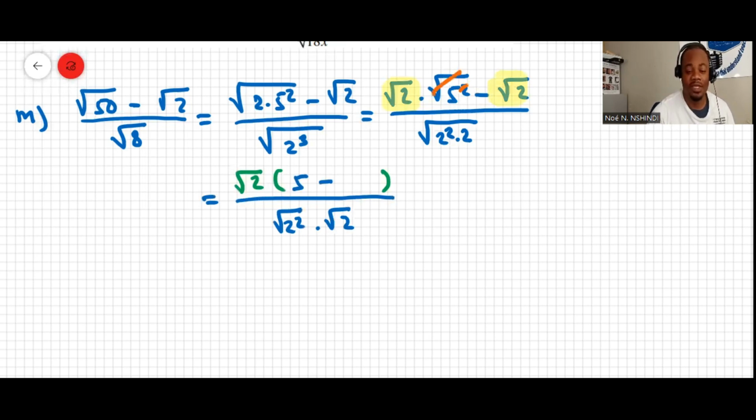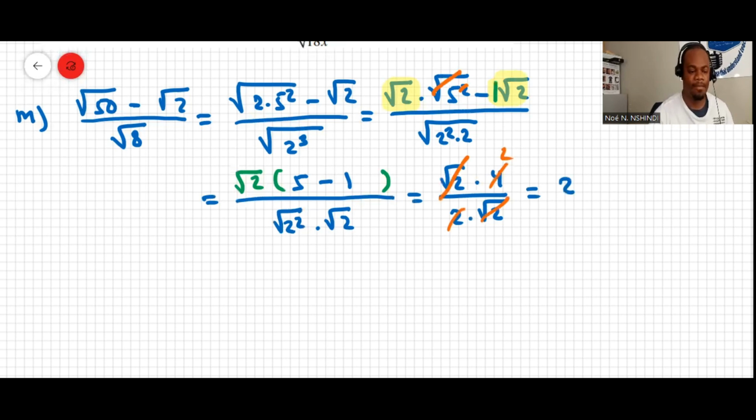We're not going to say minus 0 because it's assumed that there is a 1 there, so it's actually minus 1. Now this will make root of 2 multiplied by 4 all over 2 times root 2. Now we can simplify this root and this root, and then 2 and 4, we are left with 2, so the answer is just 2.